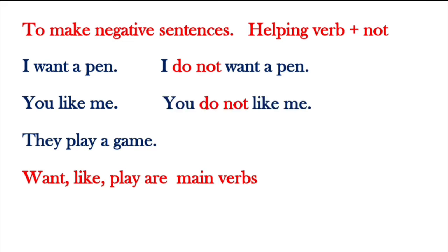You do not like me, or you don't like me. They do not play a game, or they don't play a game. So with main verbs in simple present, if the subject is plural, we use do as a helping verb to make the positive sentence negative.